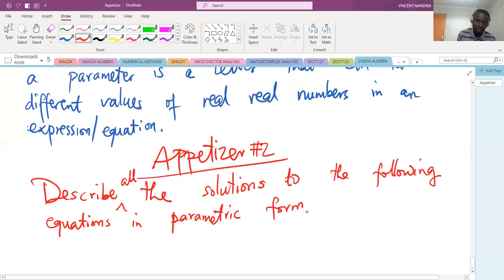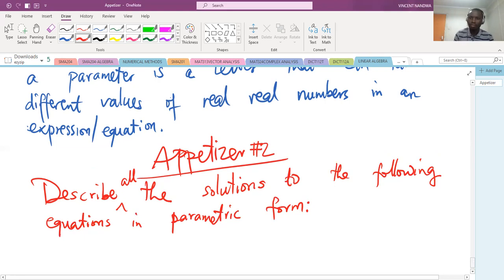Now, sometimes the question can just be, solve the following equations, not necessarily putting in the aspect of describing all the solutions or putting the solutions in parametric form.